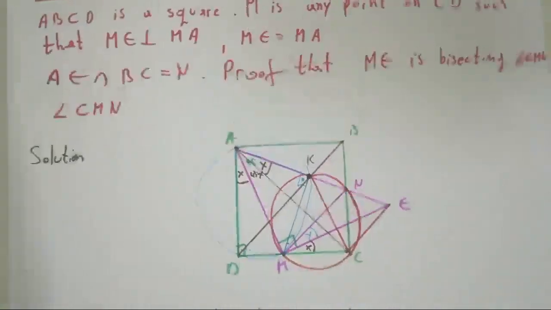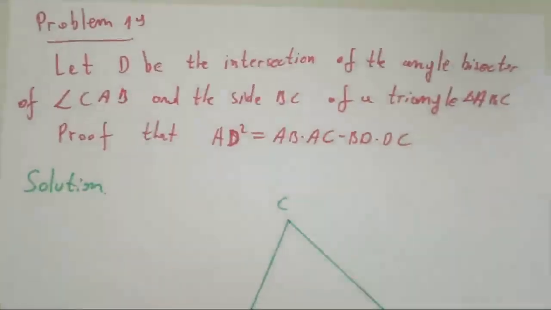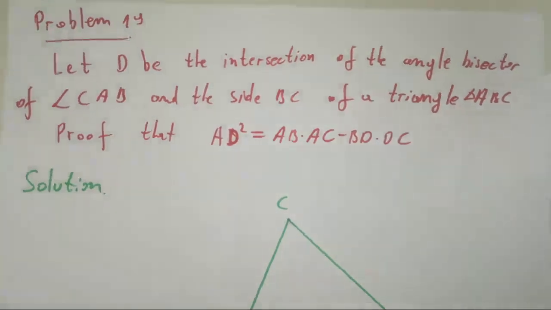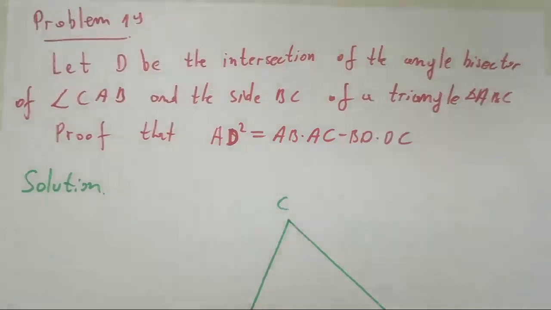All right, let's continue with the other problem. Let D be the intersection of the angle bisector of the triangle CAB and the side BC.